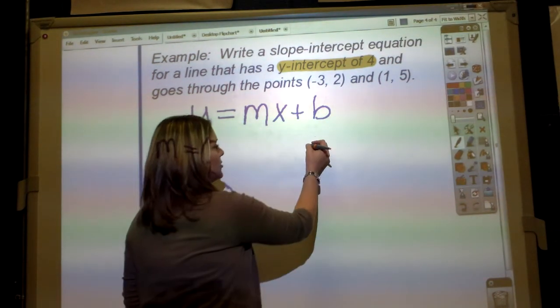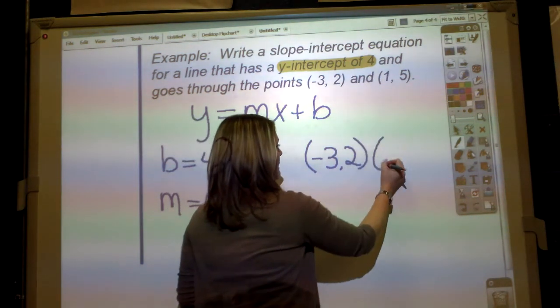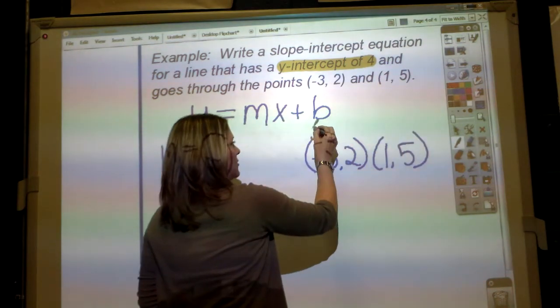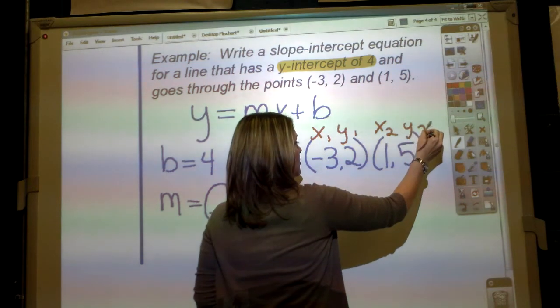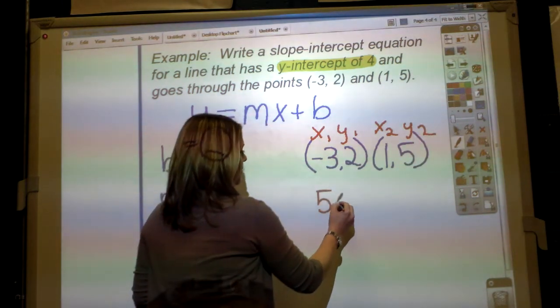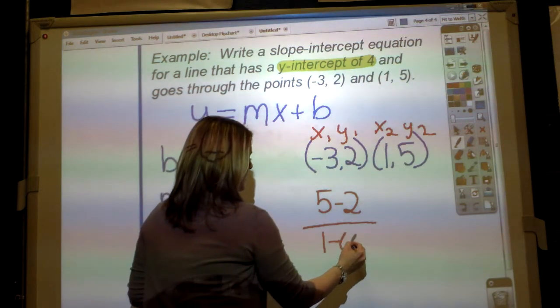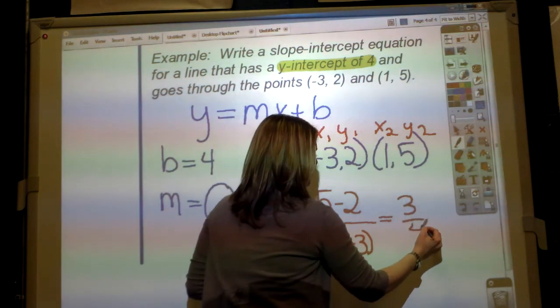So what you want to do is use your slope formula to find your slope. Remember, you have x1, y1, x2, y2. That's going to be 5 minus 2 over 1 minus -3. So we get 3/4.